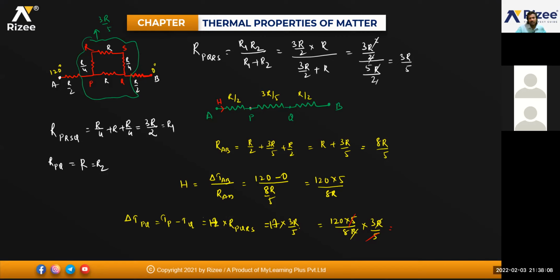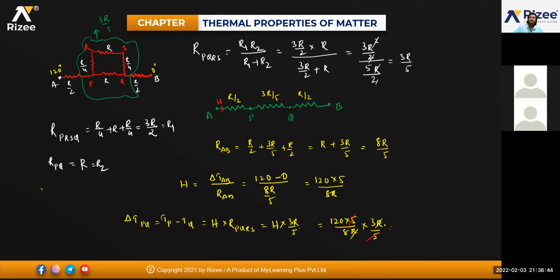Now what we need is the temperature difference between P and Q. That will be equal to the heat current H, which is the same everywhere, into the total resistance across PQRS, 3R by 5. So simplify it, we'll be getting the answer for this one.